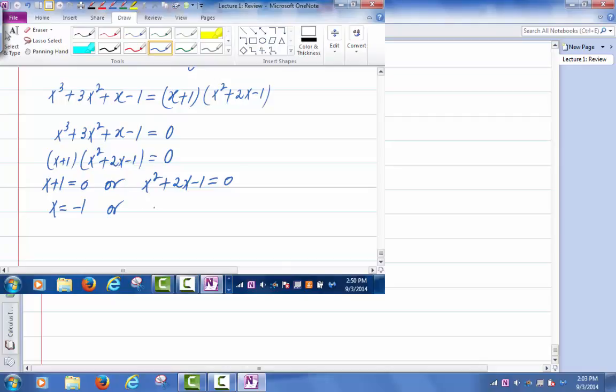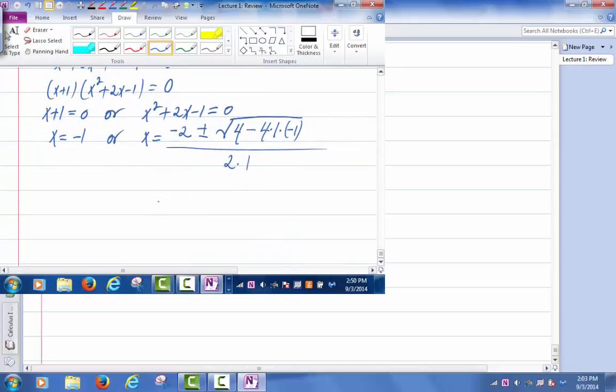And if I use that, what's going to happen? x would be negative of the coefficient of x, which is -2, plus or minus the square root of the square of the coefficient of x, which is what? 4, minus 4 times the coefficient of x squared times the constant coefficient, divided by 2 times the coefficient of x squared, right? Everybody's okay?